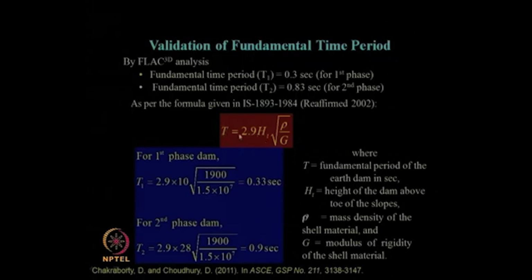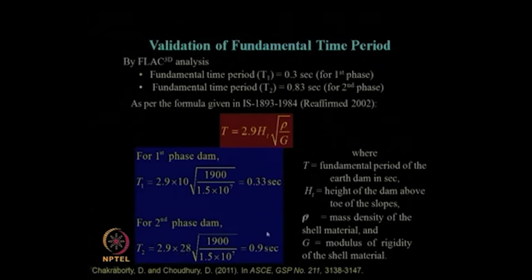This is the equation how to calculate the fundamental time period of an earthen dam. So, for first phase of dam, putting these values, 10 meter is the height, HT is 10 meter, rho is the mass density of the shell material, and G is the shear modulus of the shell material. Using that, you will get the value of fundamental time period for first phase of dam, for second phase also similarly using height as 28 meter.